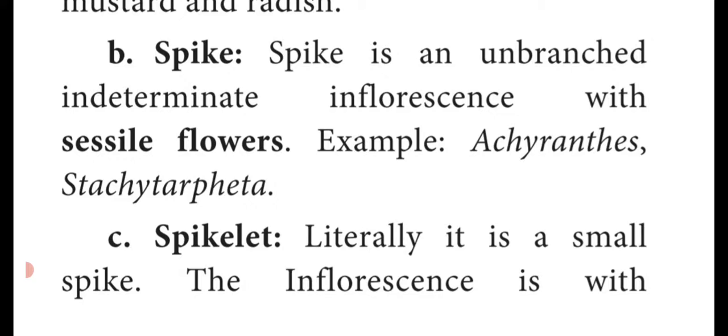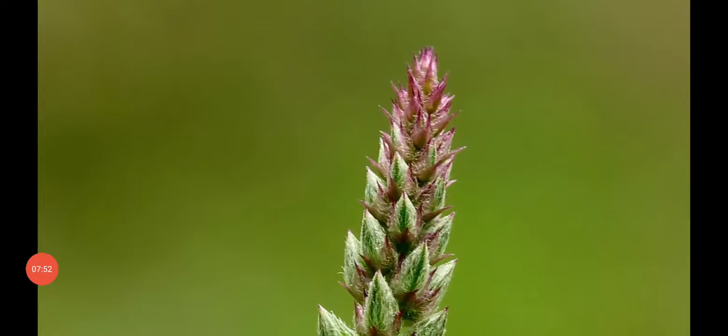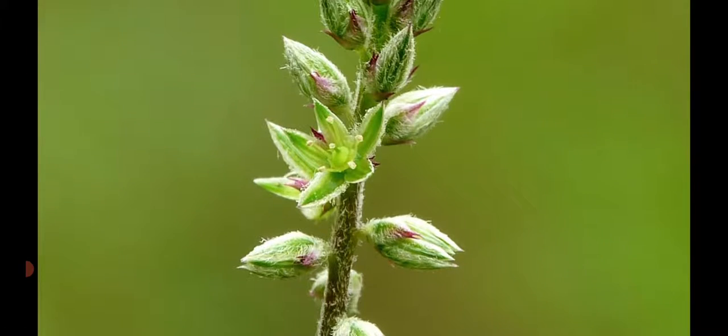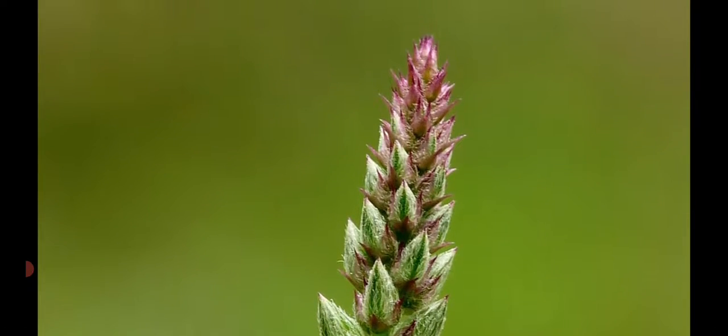Example, Achyranthes. Dear students, the common name of Achyranthes is Nayurvi or Nayunni. Then Stachys is another plant which shows the spike inflorescence. Dear students, see the Achyranthes inflorescence. The central axis is there. There are no branches, it is unbranched.